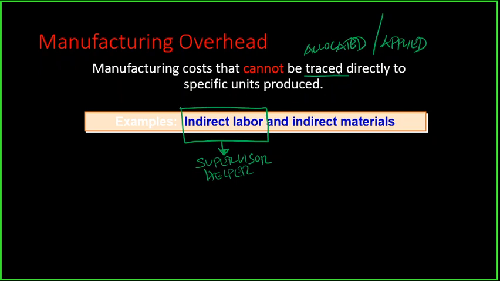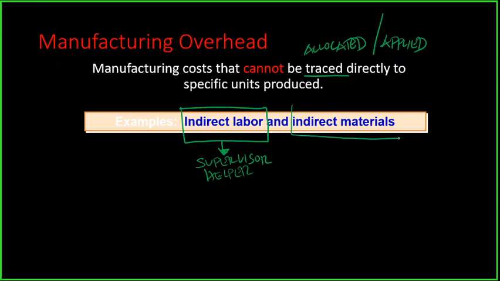And again, you cannot trace them. Like, can you ask how much of the supervisor's salary is applicable or traceable to the table that was finished? None. You just cannot trace it.